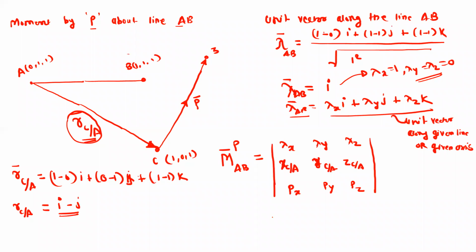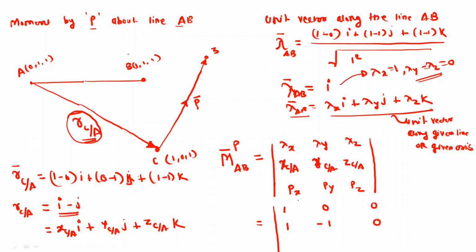Okay. So now put these values in this equation. Lambda x is 1, lambda y is 0, lambda z is 0. Then x C/A is 1, y C/A is minus 1, and z is 0.